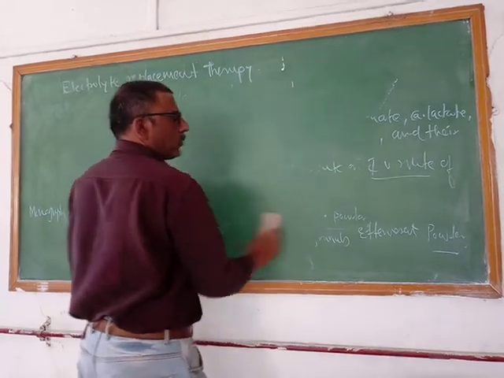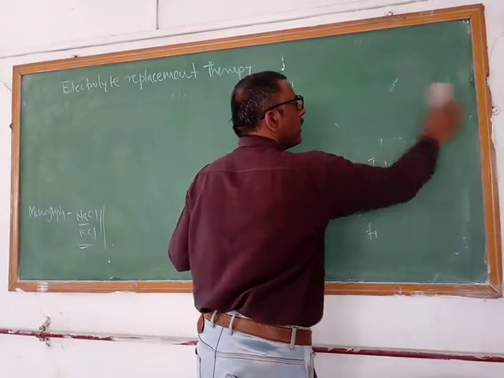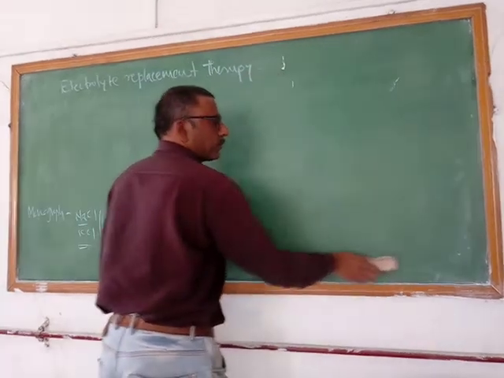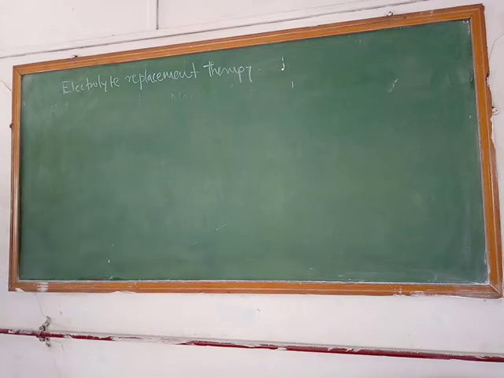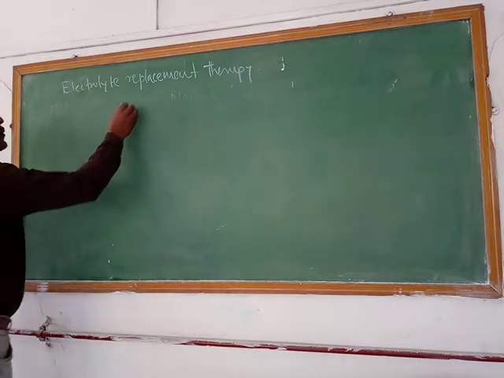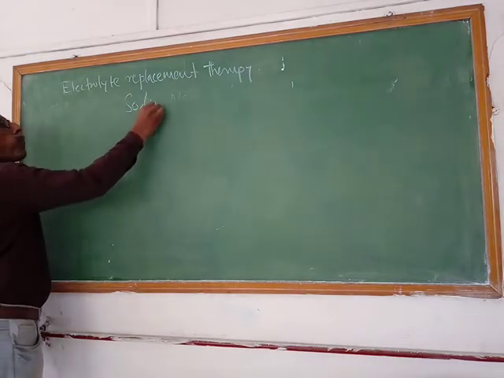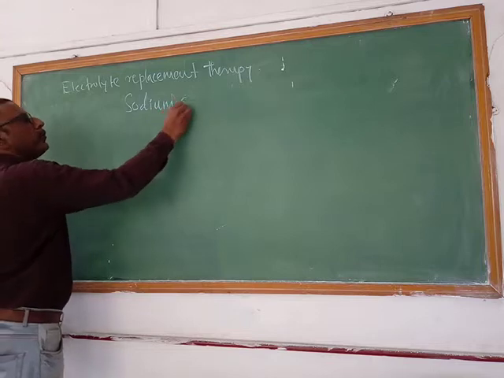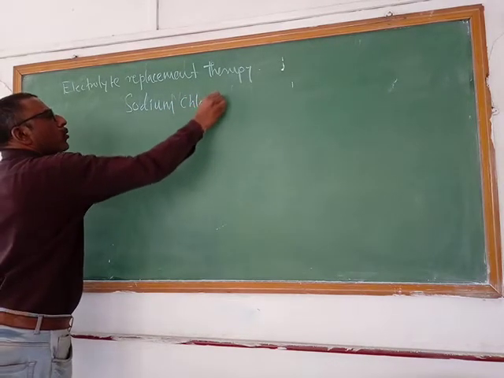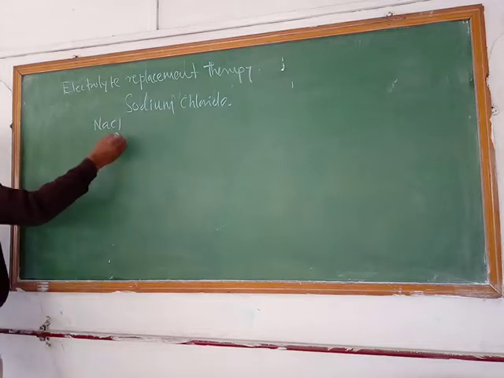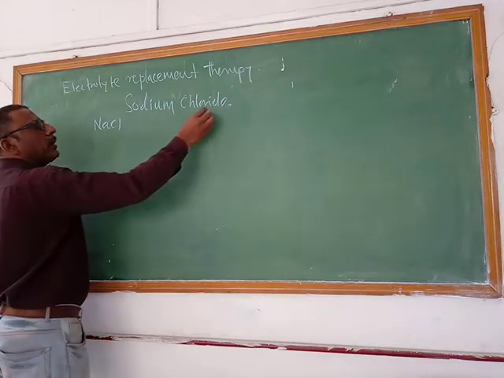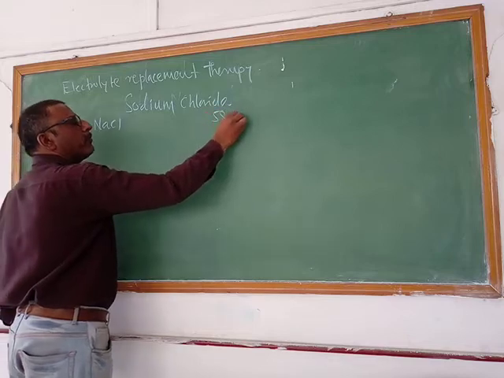The formula of sodium chloride is here. Sodium chloride, molecular formula NaCl, with molecular weight 58.44.